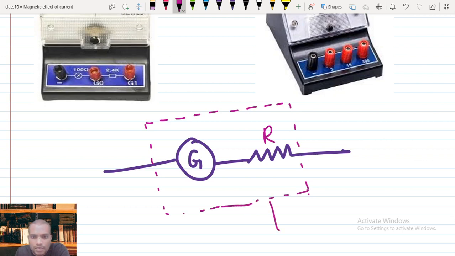So this entire setup is a voltmeter. If current I is passing, the same current passes through the galvanometer and through the resistance.